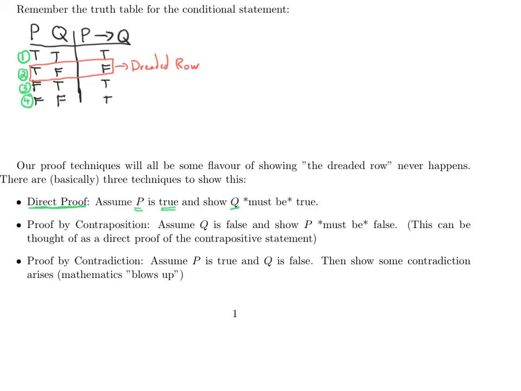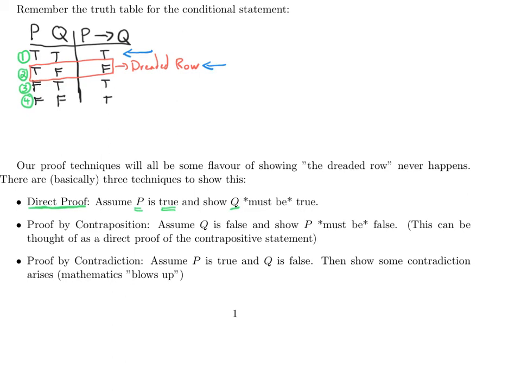And the reason that that works is as follows. Well, if you're assuming that P is true, that means that you're either in row 1 or row 2. And remember, we want to avoid row 2.